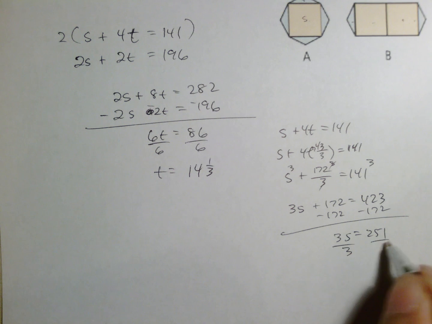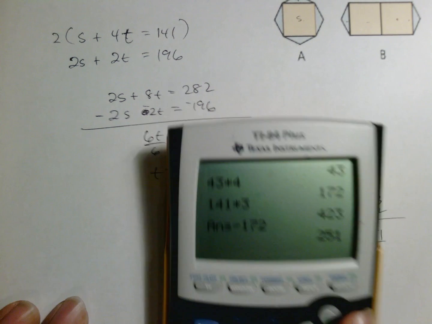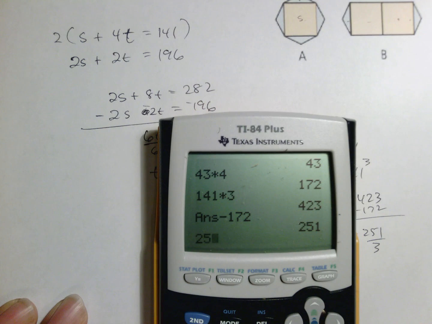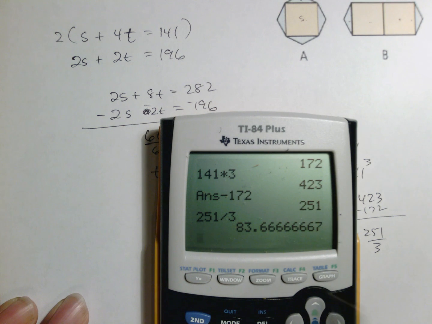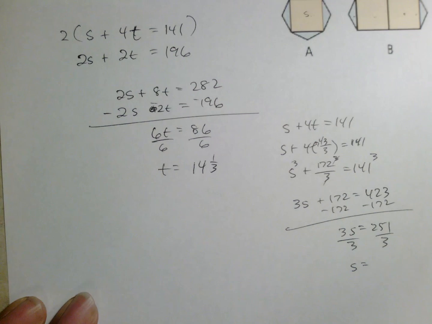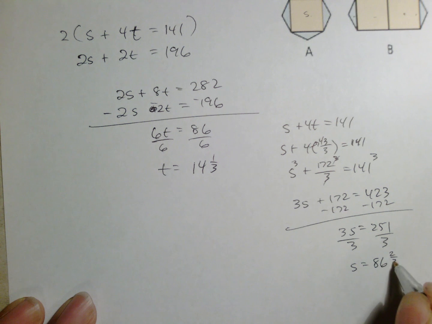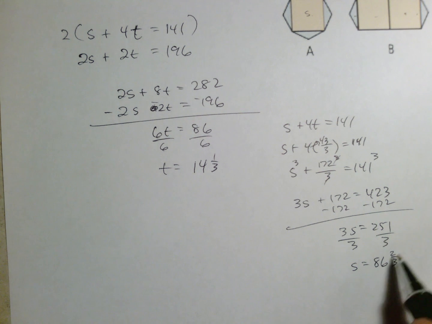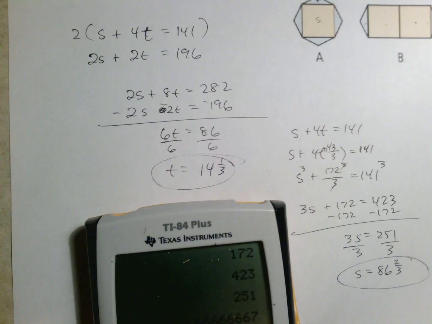And then dividing by 3, you end up with s equal to, how many times does 3 go into 251, which is 86, and this would be 86 and 2/3. Typically, whenever you see a bunch of 6's, that's how it works. Now let's just see if this answer works.